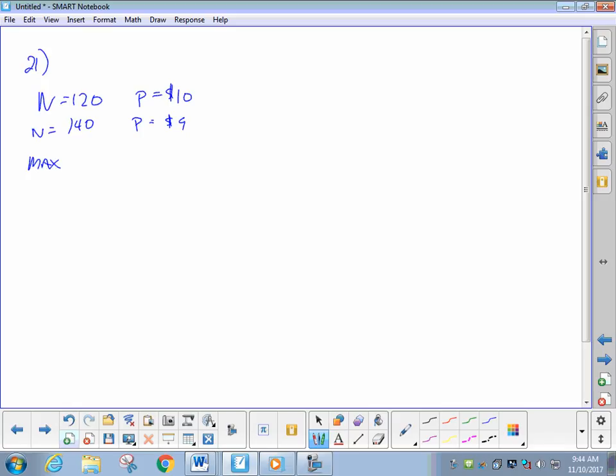So, this is an optimization problem. First, identify what you're trying to do, and then get an equation for it. What's an equation for revenue? What is it? N times P, yeah. How many I sell times the price of each gives me total revenue. Now what do I do? I don't want to take the derivative yet because there are 3 variables.